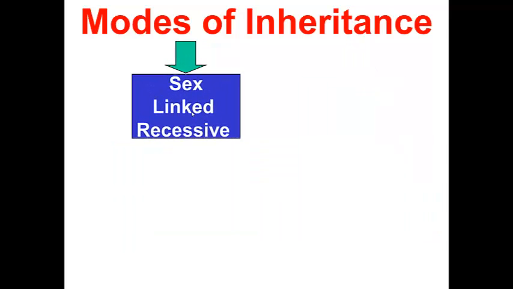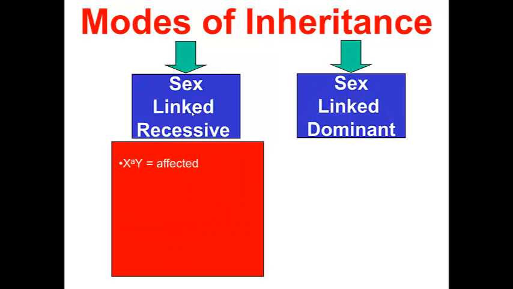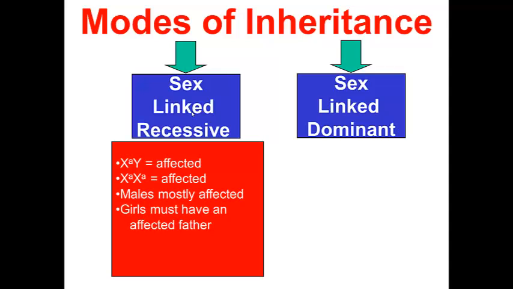Modes of inheritance: sex-linked recessive or sex-linked dominant. X^aY is affected because remember that males only need to have one affected gene to be affected. Little a is affected. Males are mostly affected. Girls must have an affected father to be affected by the condition.